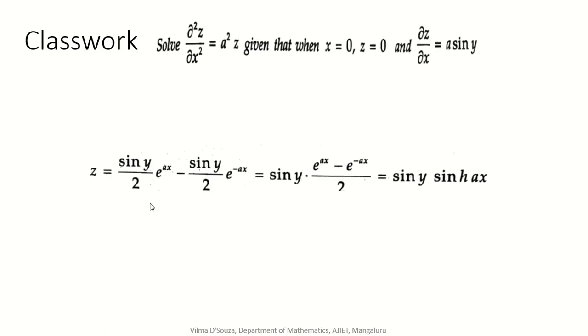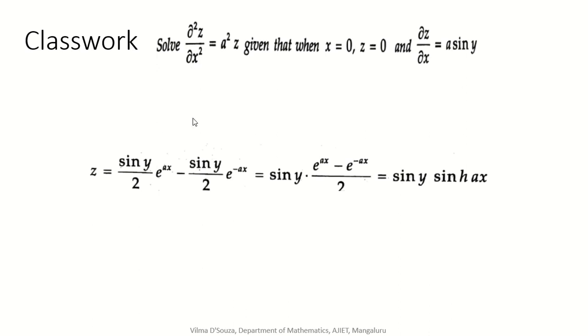So one more problem here. I have given it as a classwork for you. Solve ∂²z/∂x² is equal to a²z, given that when x is 0, z is 0, and ∂z/∂x is a sin y. So the same procedure: you consider here z is a function of x only.